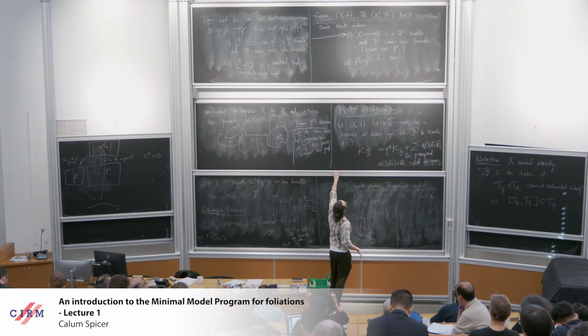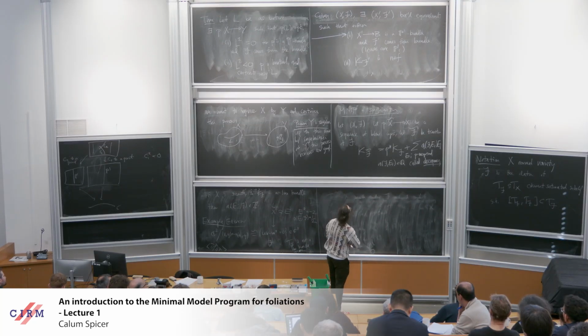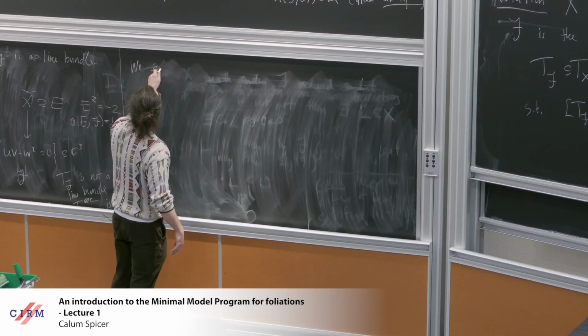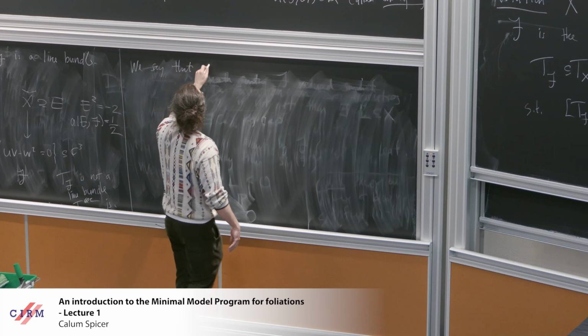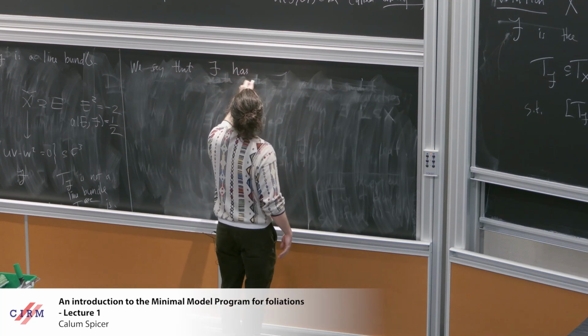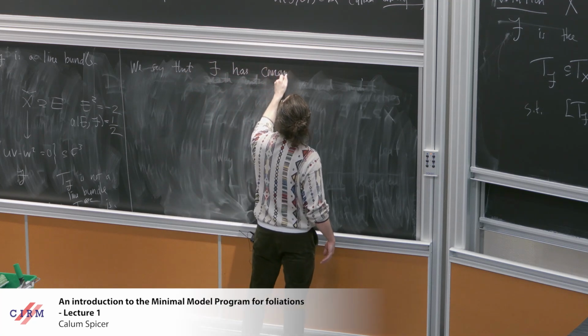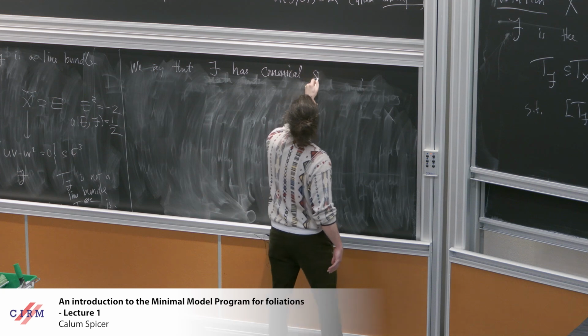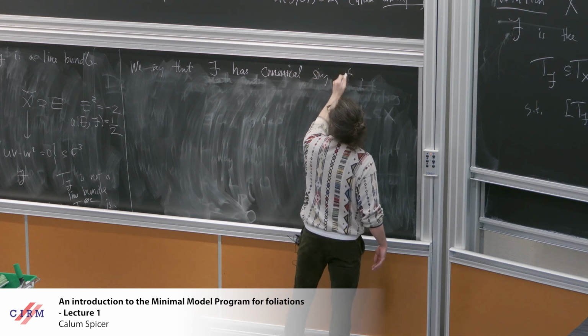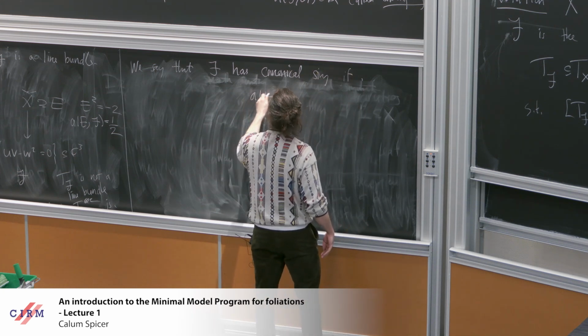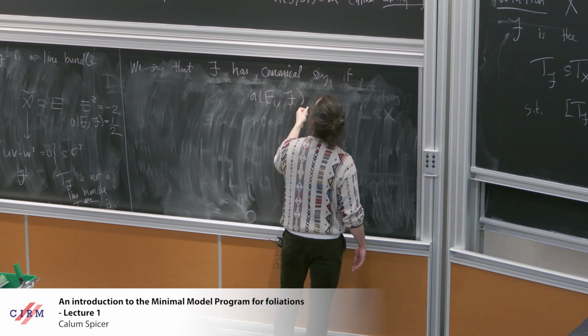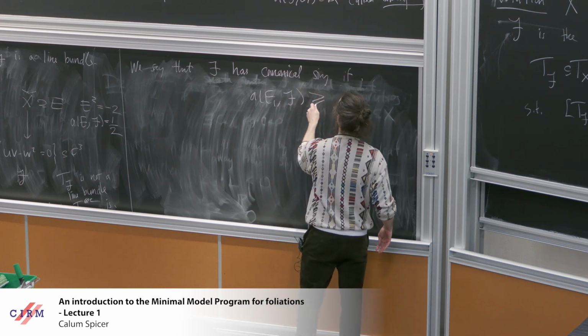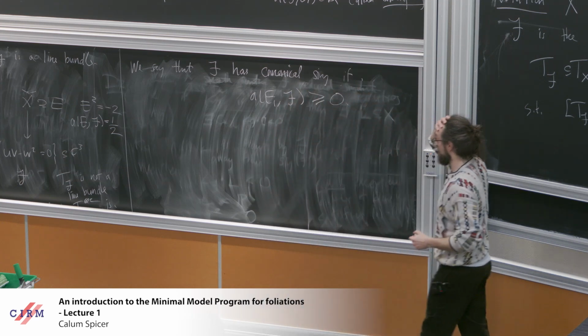So in this definition, we say that F has canonical singularities if a(F, E_i) are always bigger than or equal to 0.